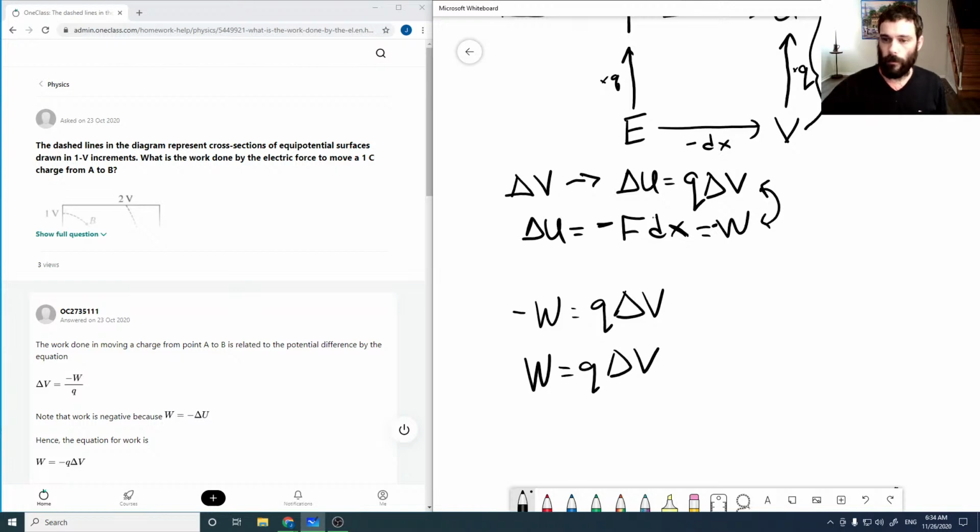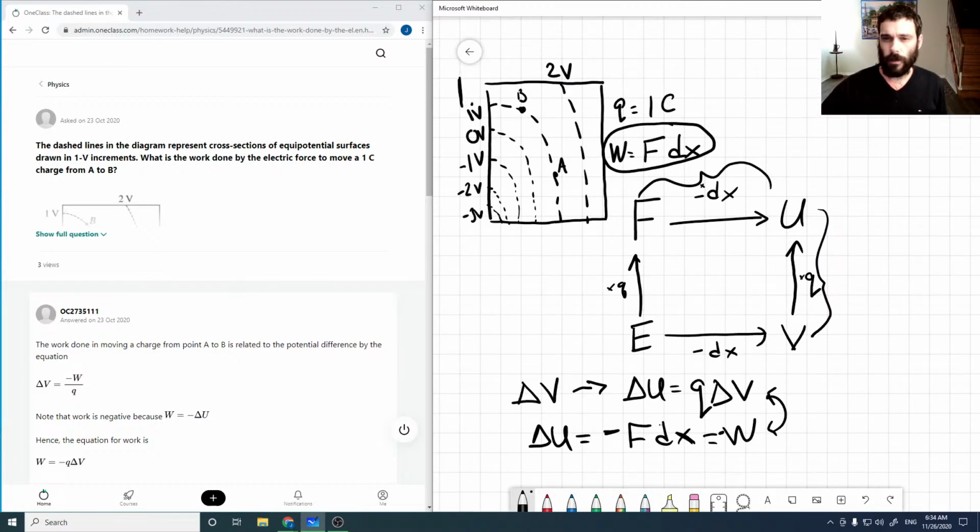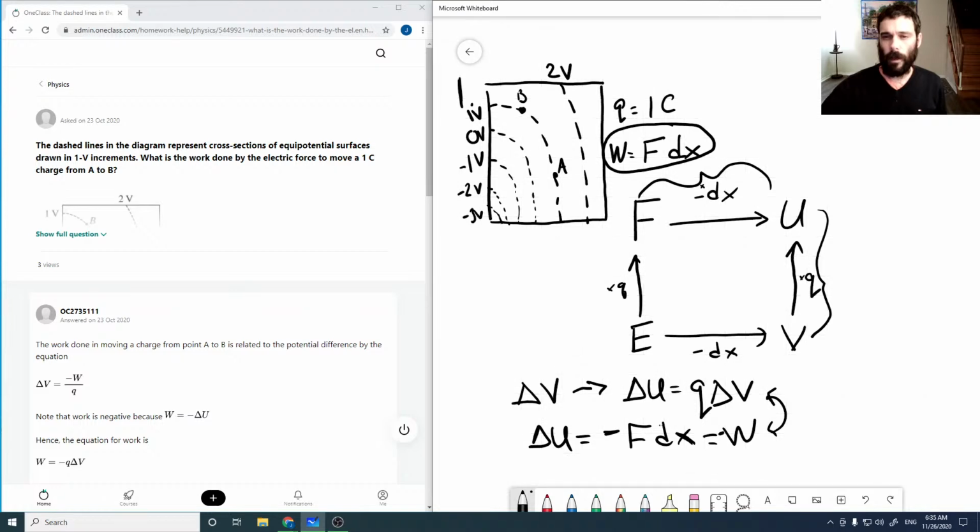Now looking back at the question again, point A and point B are both at 1 volt. So V for both is 1 volt.